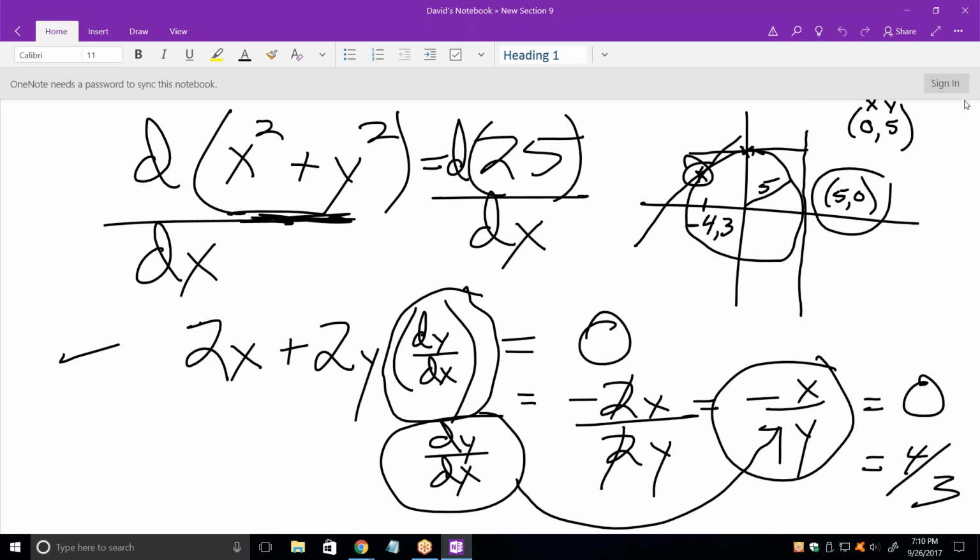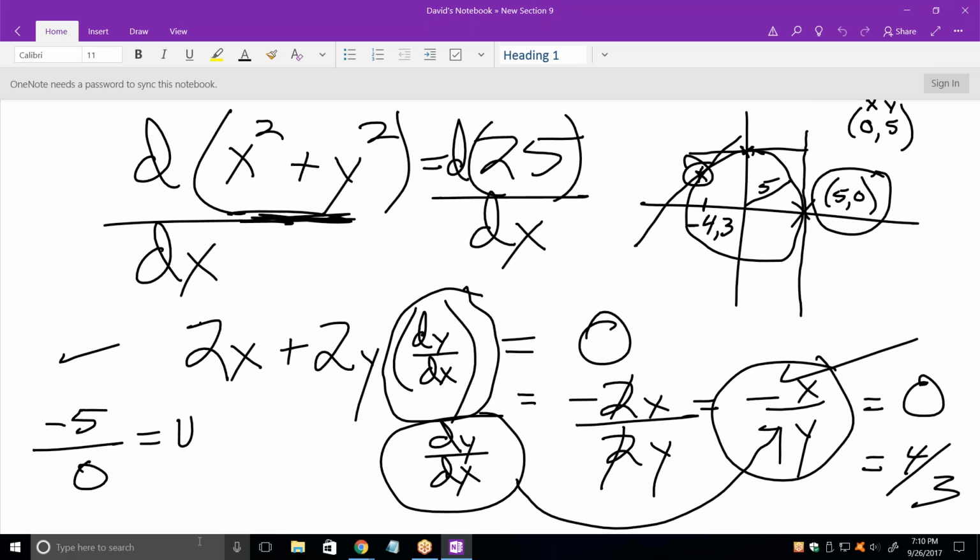This is our point right there. This is our slope. Minus x over y. Plug it in. The 5 in for x and the 0 in for y. What do you get? 0. Nope. What do you get? Give it to me before you simplify it. There you go. You get minus 5 divided by 0, right?